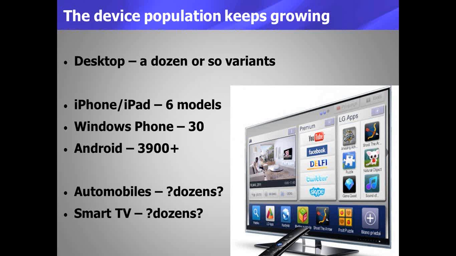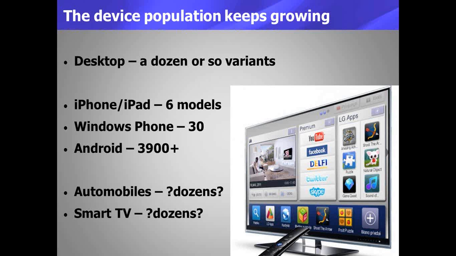And we're at a similar time right now that's exacerbated by the fact that we also have this huge device population that continues to grow, whereas we used to just have 2 or 3 different desktop sizes. Now we have many different desktop variants.